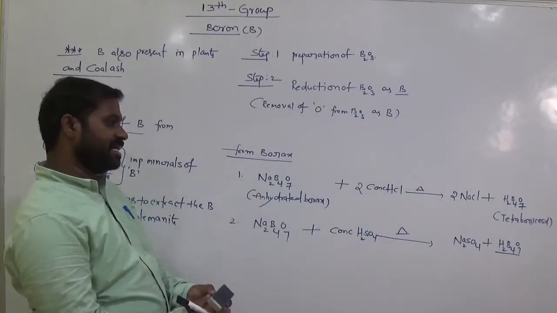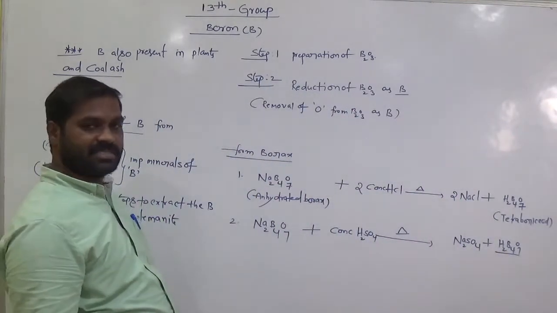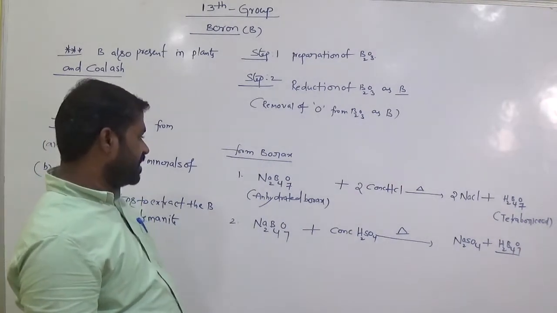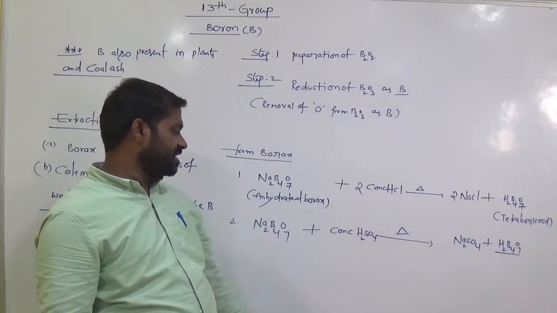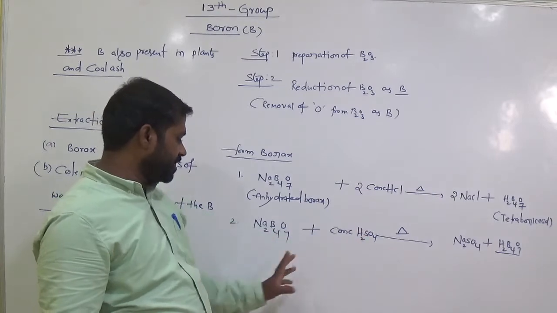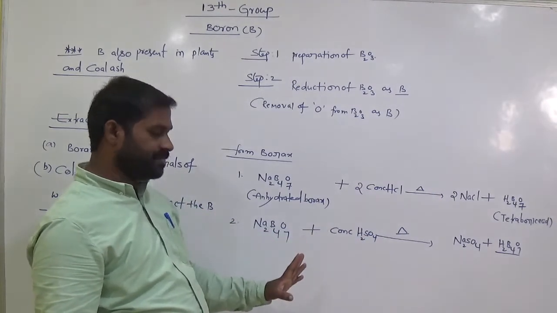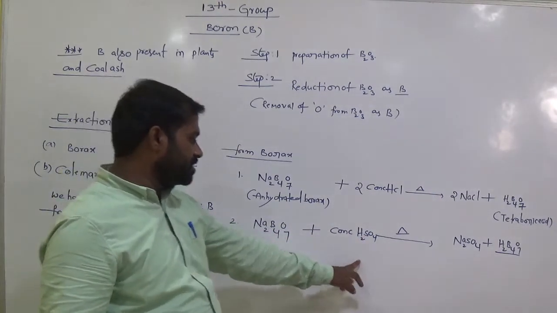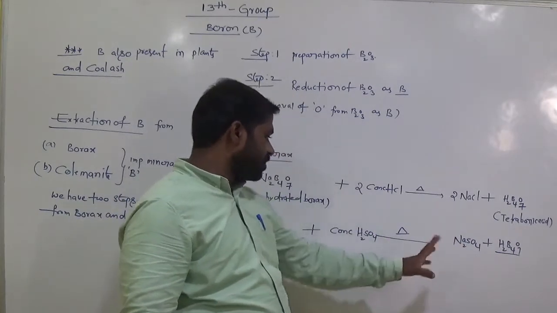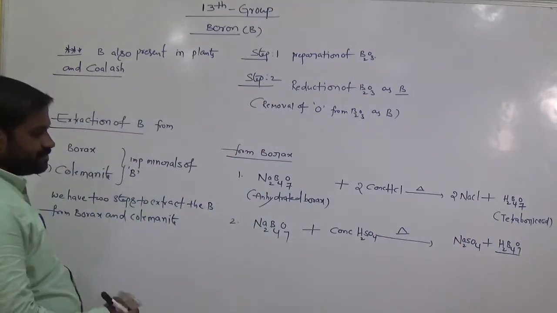These are the two methods to prepare tetraboric acid. Okay students, clear? Na2B4O7 with concentrated H2SO4: 2 sodiums, 2 sodiums, 4 borons, 4, 7, clear? And 2 hydrogens, 2 hydrogens, 1 sulfur and 4 oxygens here, clear?